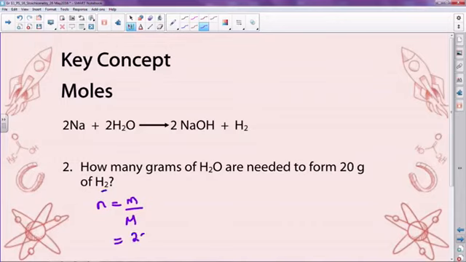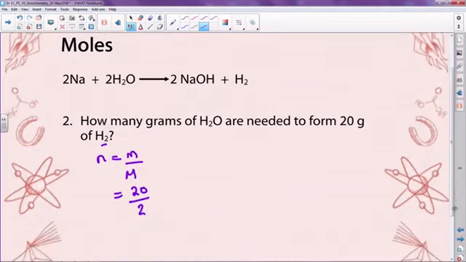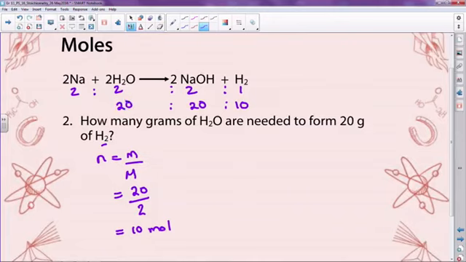My mass is 20. My molecular mass of H2 is 2, because remember the mass of hydrogen is 1. So 20 over 2 is 10 moles. Okay, so it's a 2 to 2 to 1 ratio. I've got 10 moles of this, which means it's 20 moles of that, 20 moles and 20 moles.